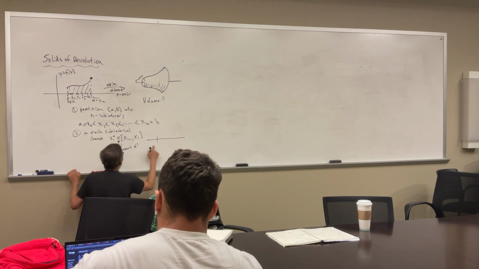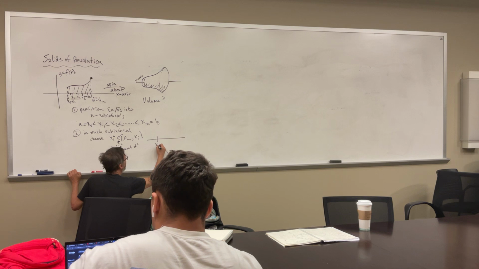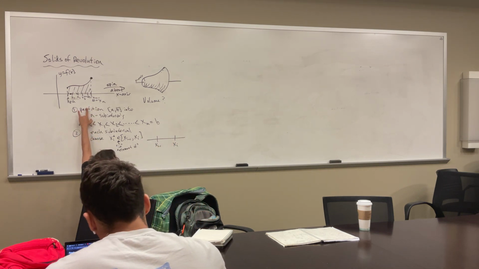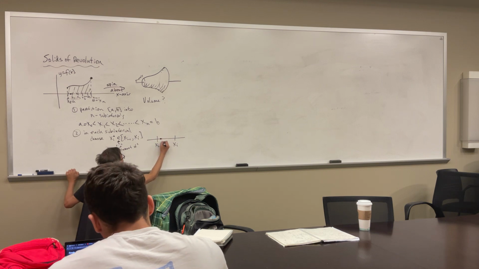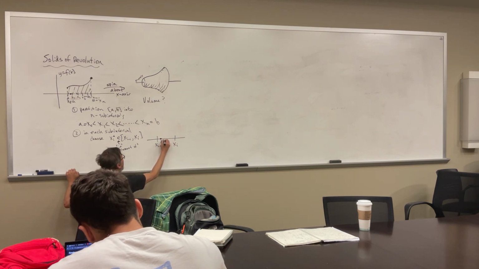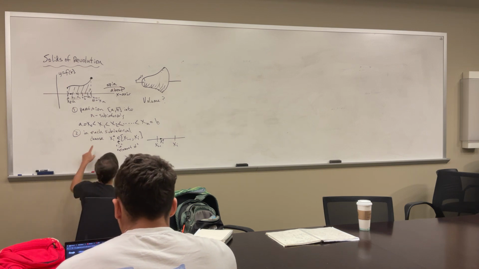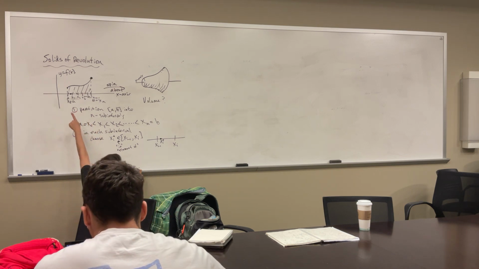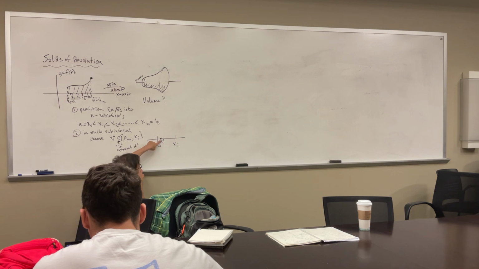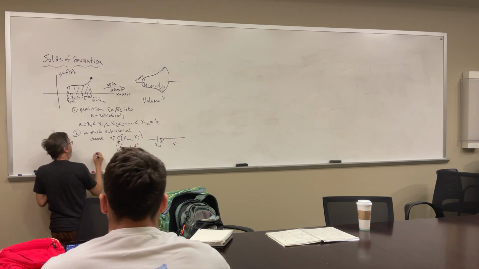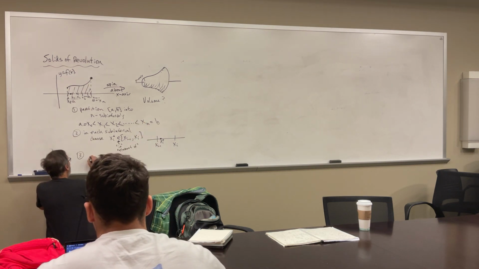So picture-wise, if this is x sub i minus 1, and this is x sub i, from my cuts, then I can pick any representative I want in there. And that's what I'm going to do. I'm going to use that representative to make a rectangle, the height of which is determined by the value of the function here. So at that interval, I'll just do the picture right here, step 3.